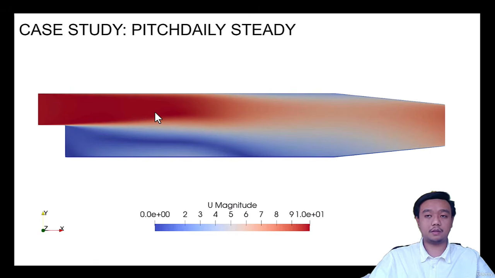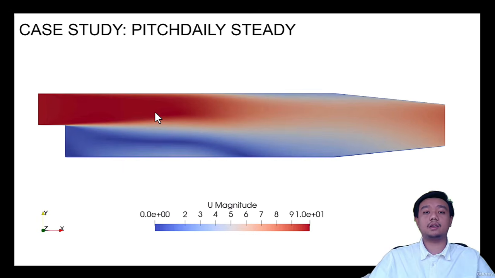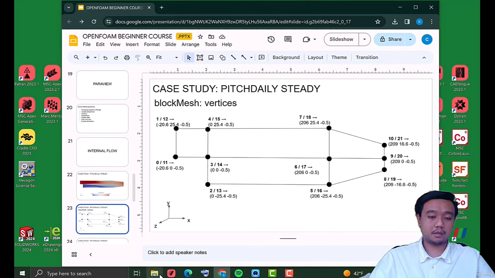Actually, we have lots of pitzDaily cases in the tutorial folders, like pitzDaily LES and some experimental ones, but the most basic one to understand is the pitzDaily steady. So let's copy it first.